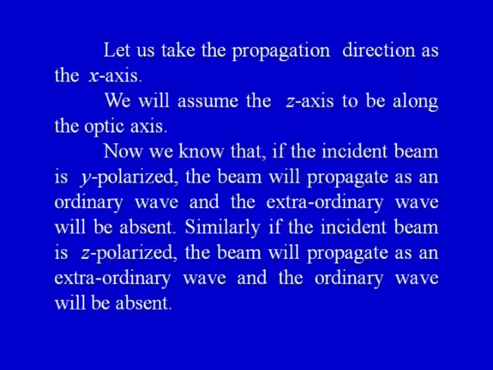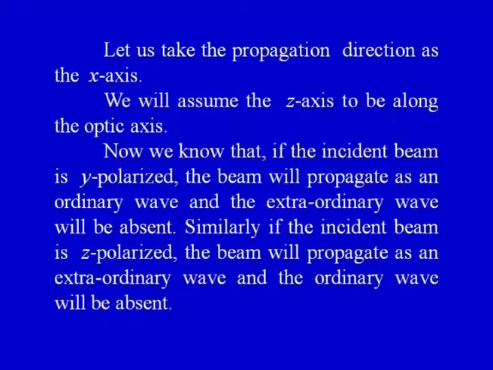Let us make the propagation direction as the x axis, just choose it like that. We will assume the z axis to be along the optic axis, which is the axis of symmetry in the crystal. Now, we know that if the incident beam is y polarized, the beam will propagate as an ordinary wave and the extraordinary wave will be absent.